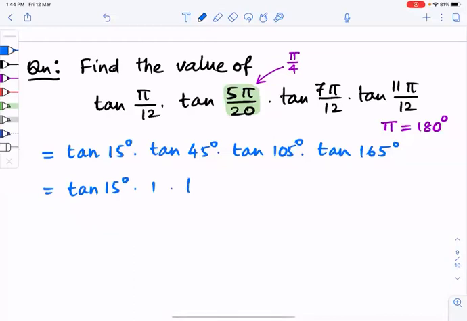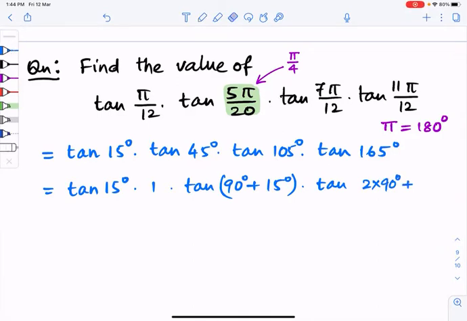Tan 105 is tan of 90 plus 15 degrees. Tan 165 is tan of 180 minus 15 degrees. Right, so tan 15, let me keep it as tan 15 degrees. 1 is there.